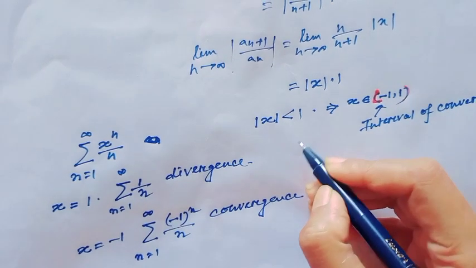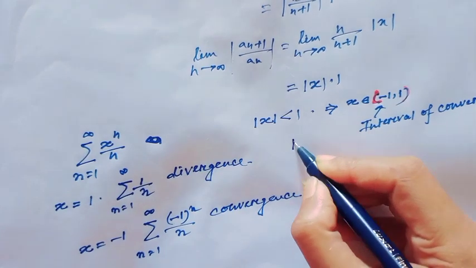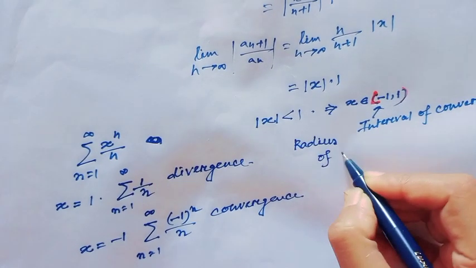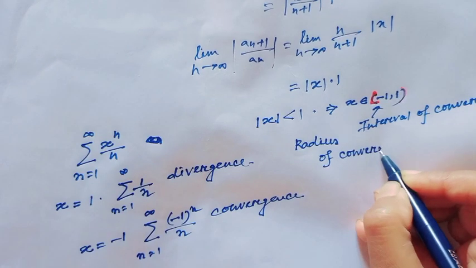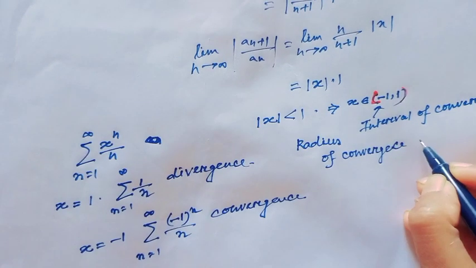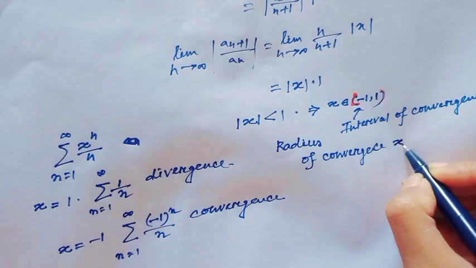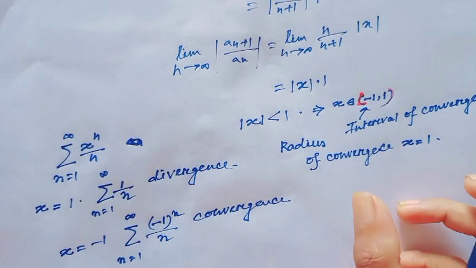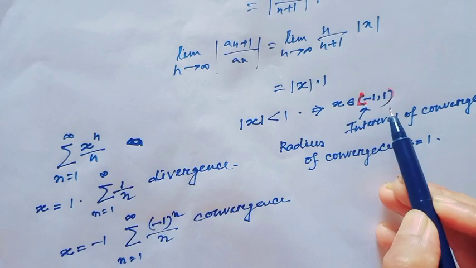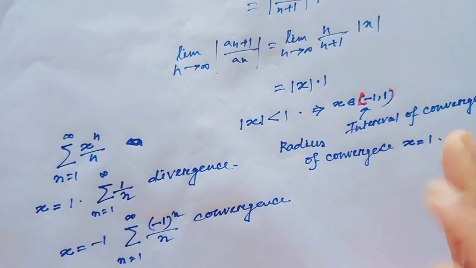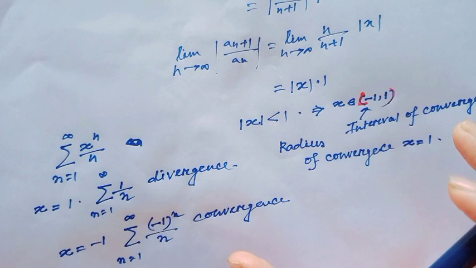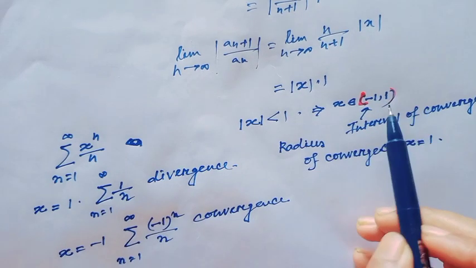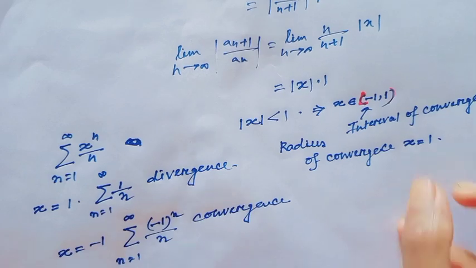But the radius of convergence is the supremum value up to which the series converges. This is x equal to 1. The actual idea is that inside the open interval the series always converges, and outside the closed interval the series always diverges.